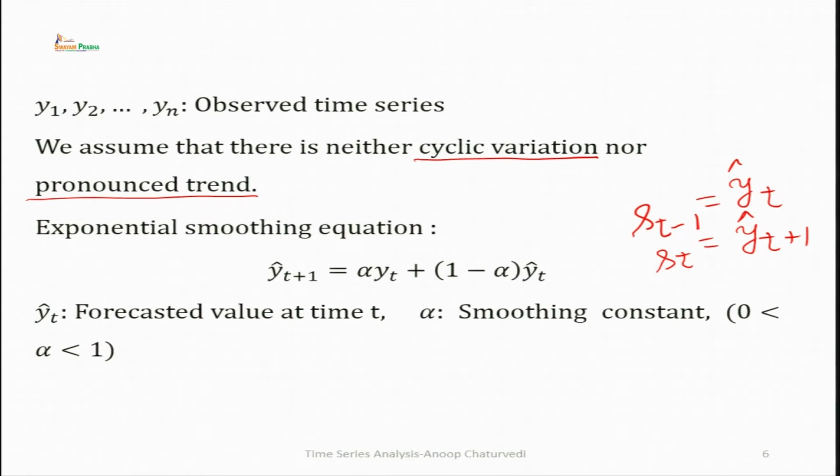So, the procedure is very simple. You are adjusting the last predicted value of y, say y hat t, by taking into account the most recent observation, and then your forecasted value y hat t+1 is the weighted average of y_t and y hat t.